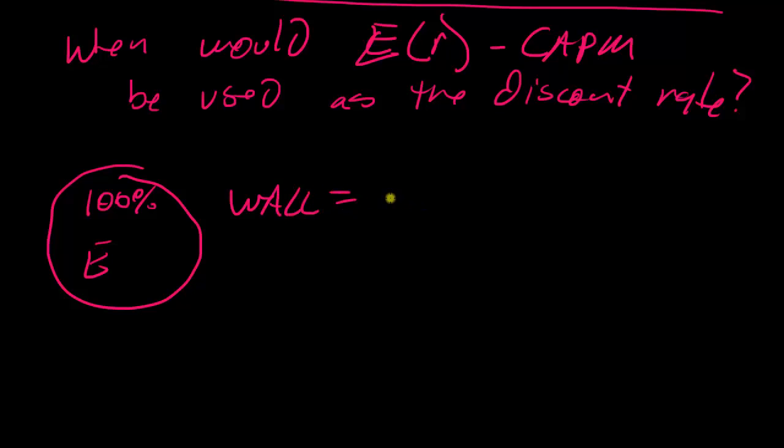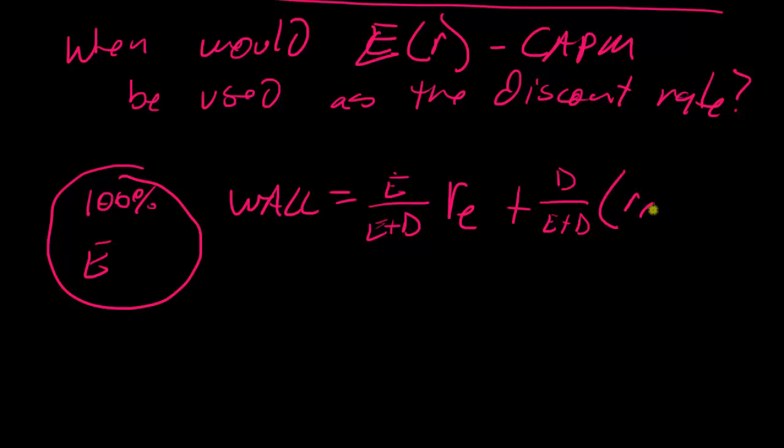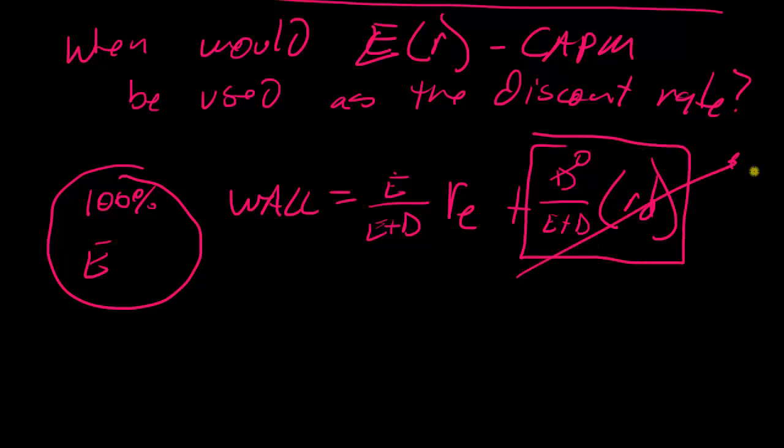The WACC is equal to equity over equity plus debt, or percent equity, that's all that is, times the rate of equity plus debt over equity plus debt times the rate of debt. Well, first of all, there is no rate of debt, and because the debt is 0 here, this entire factor goes to 0.